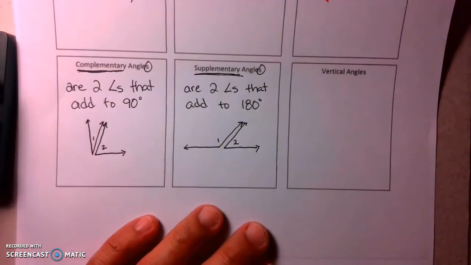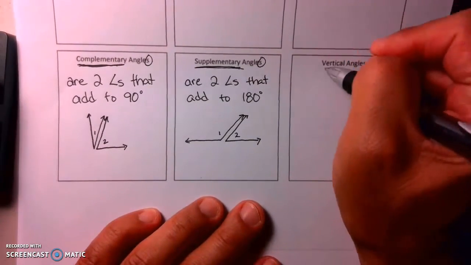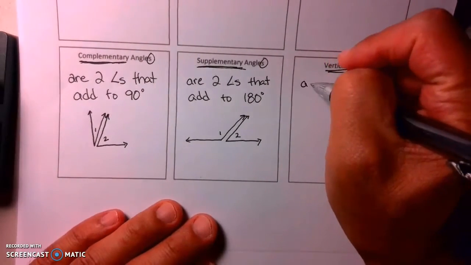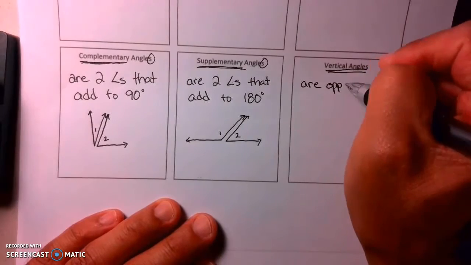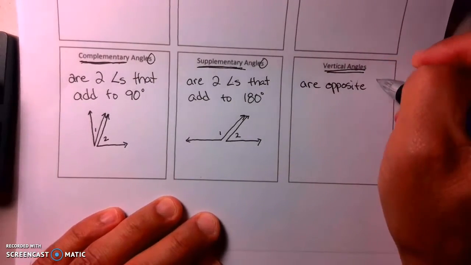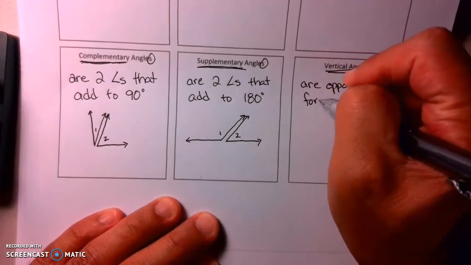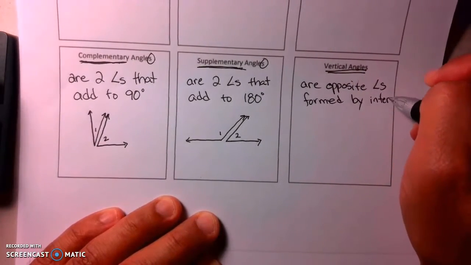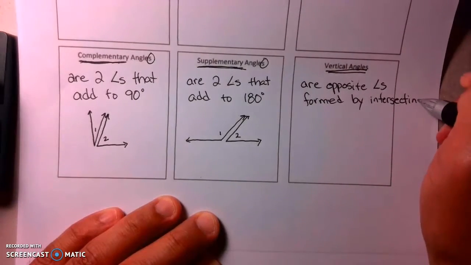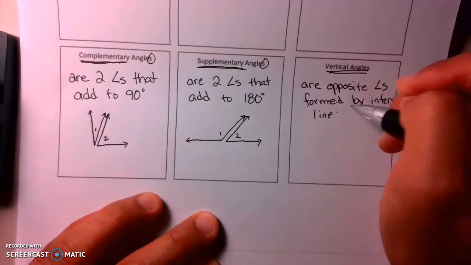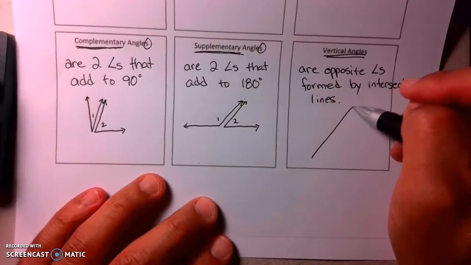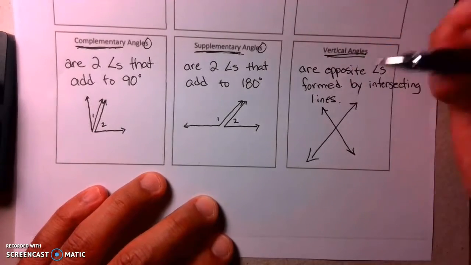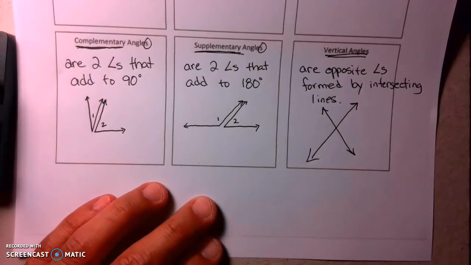Vertical angles, and we will see a lot of these throughout geometry, are opposite angles formed by intersecting lines. So we're going to show this in a picture. Alright, so if I draw this line here, and here's another line that intersects, you'll notice when they intersect, there's 4 angles here.